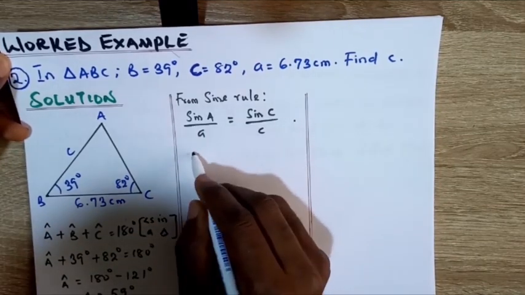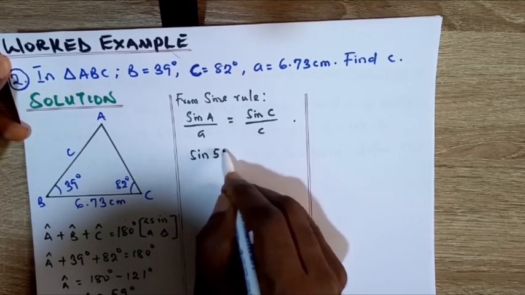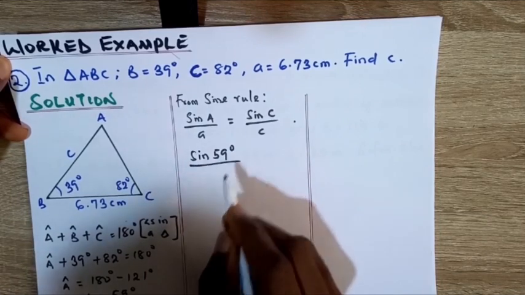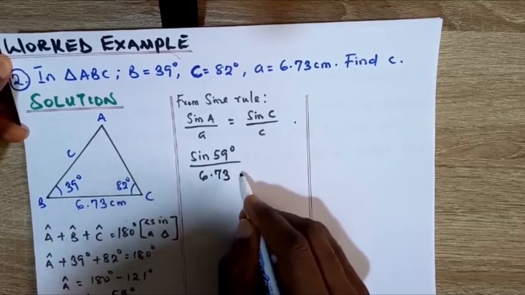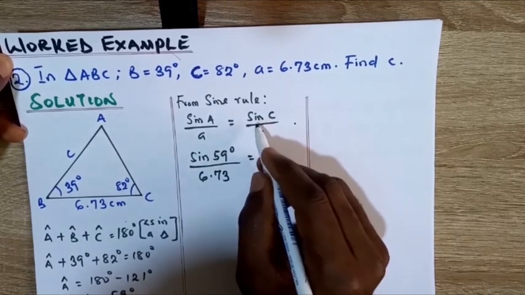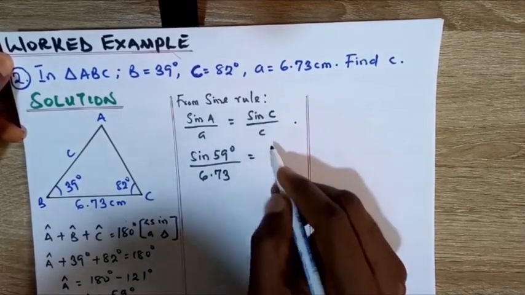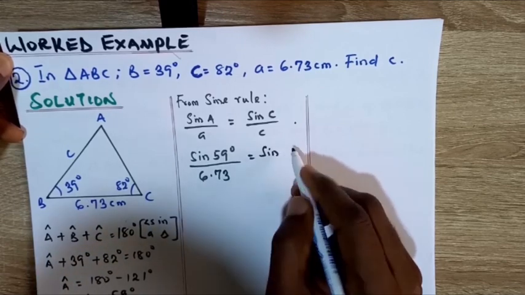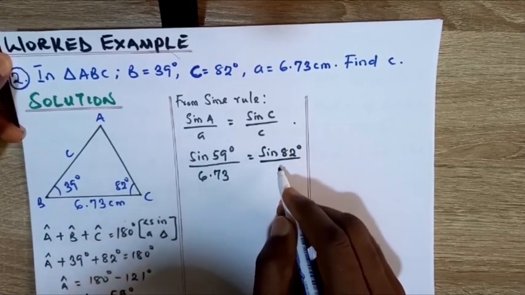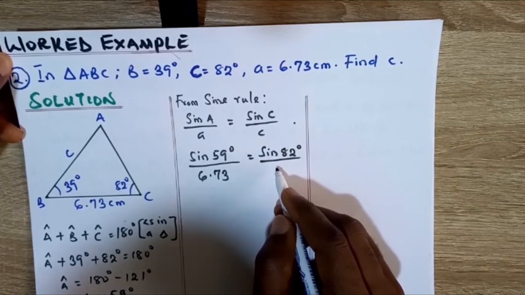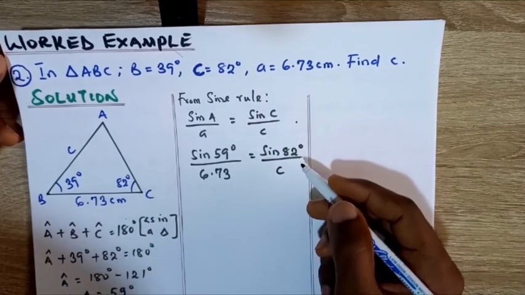So we have sine 59 degrees divided by the side a, 6.73 centimeters, equals the sine of the angle at C, which is sine 82 degrees, divided by c, which is the unknown we are looking for.